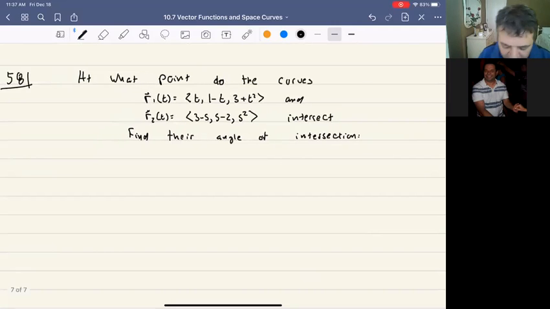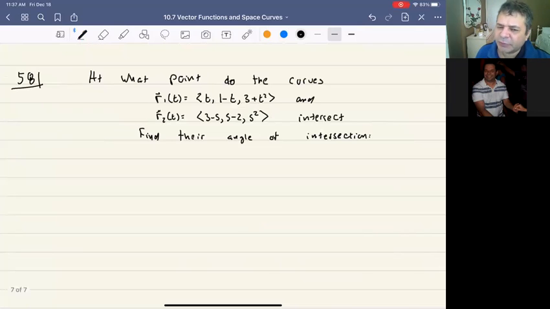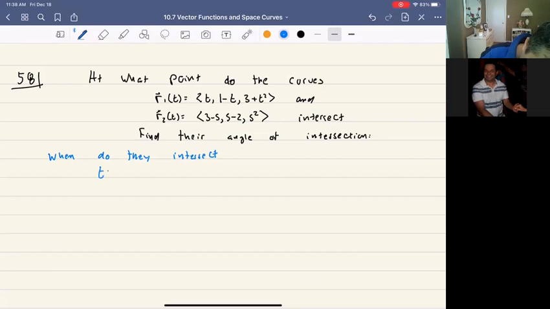Okay. So to find when they intersect, we're just going to have to set the x's, y's, and z's equal to each other. Okay, so when do they intersect? Well, you would need t to equal 3 minus s, 1 minus t to equal s minus 2, and 3 plus t squared to equal s squared.